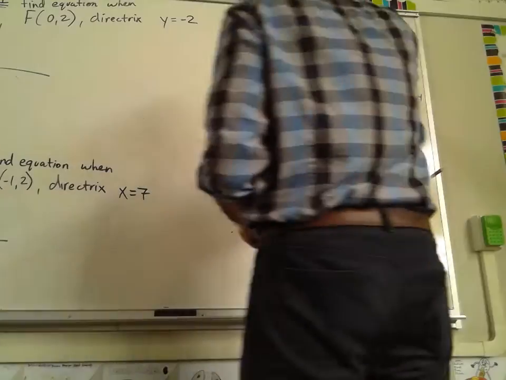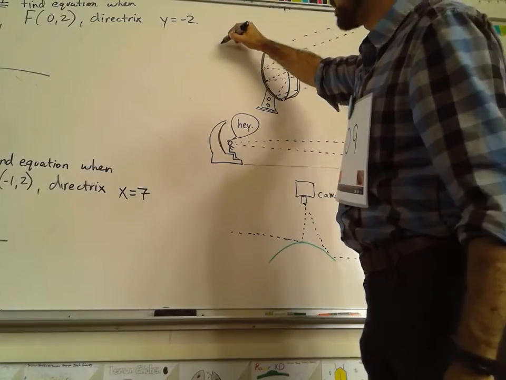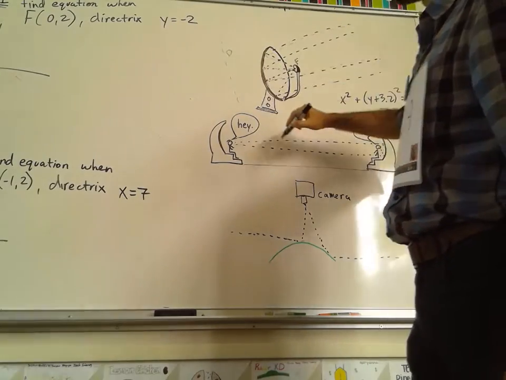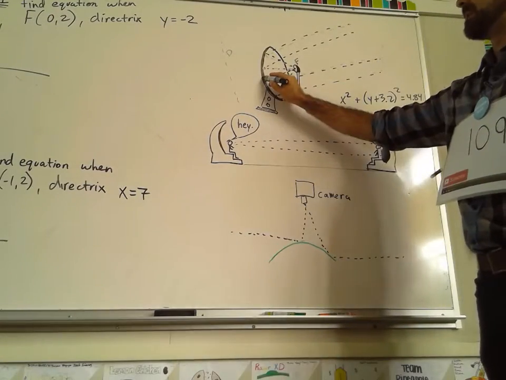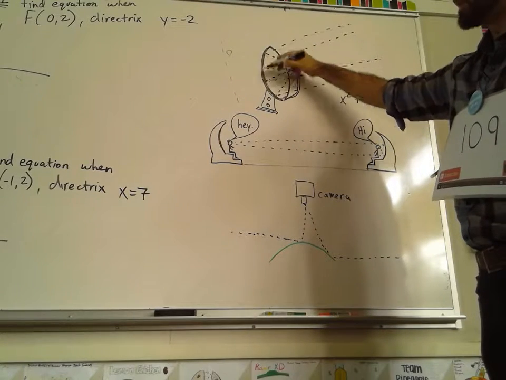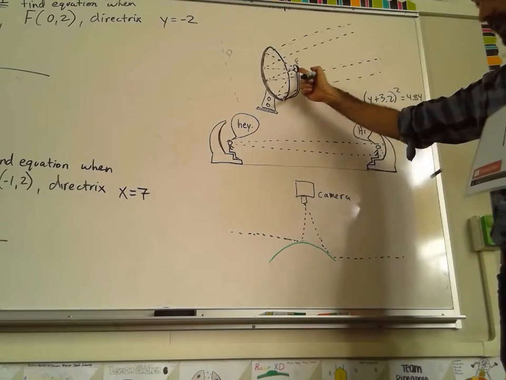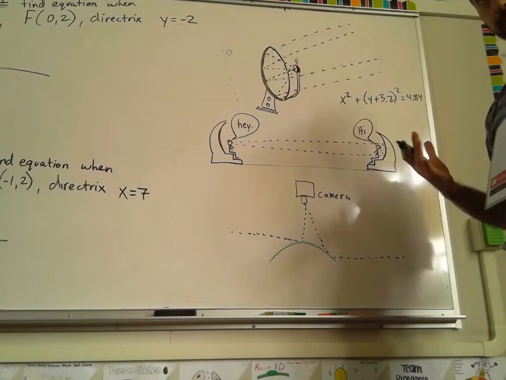So this would be my focus, and then the directrix for it would be over here. Right? This is my vertex. So it basically bounces off the parabola, which is what all dishes are, and it goes right into the focus. That's where the sensor is, picks up the signal. That's how you see the image on TV.